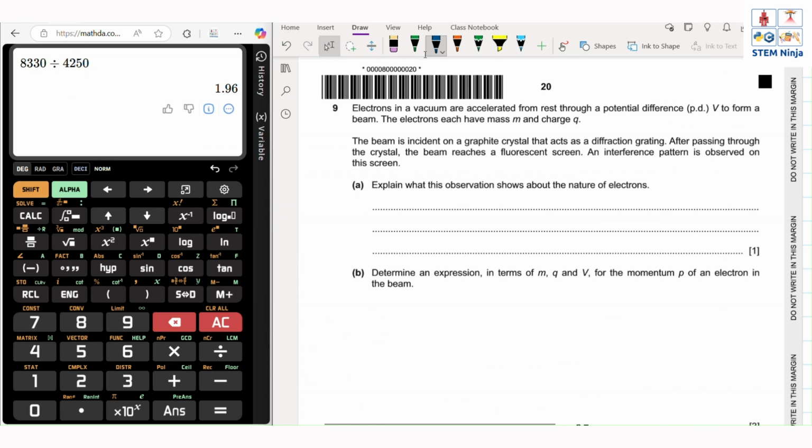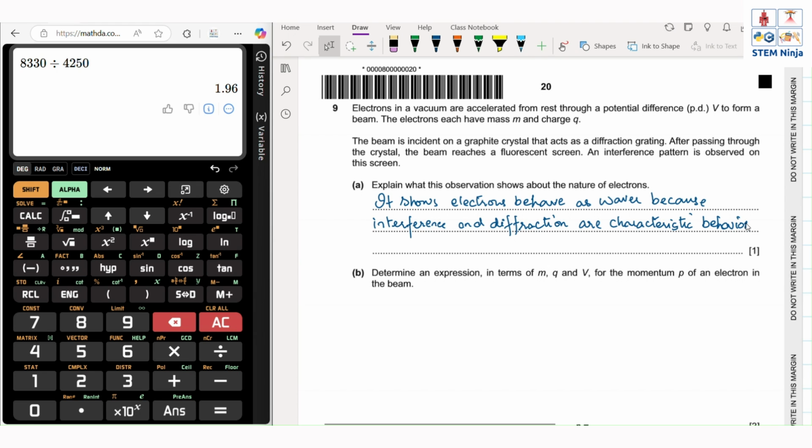So we can say it shows electrons behave as waves because interference and diffraction are characteristic behavior of waves.